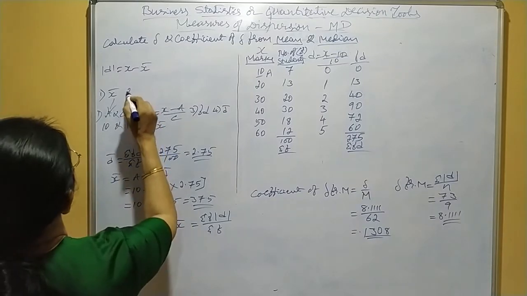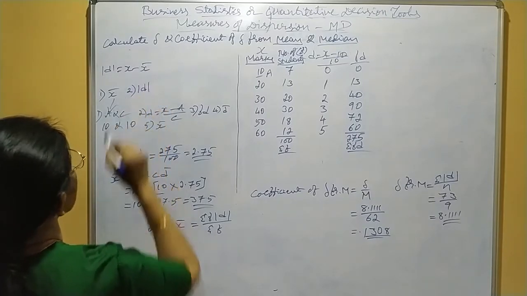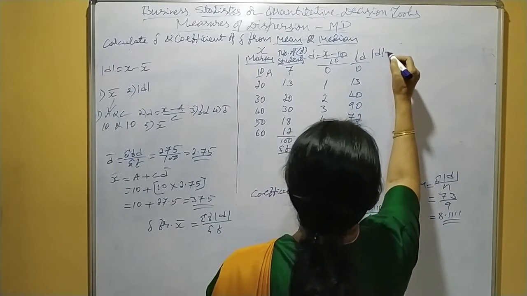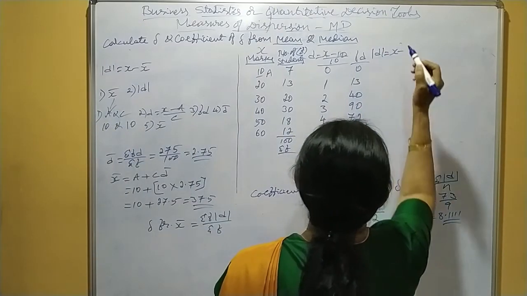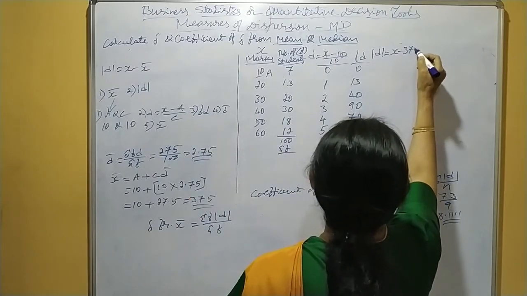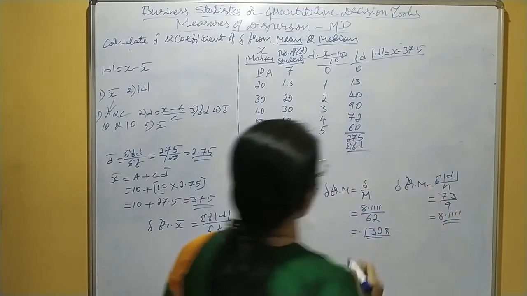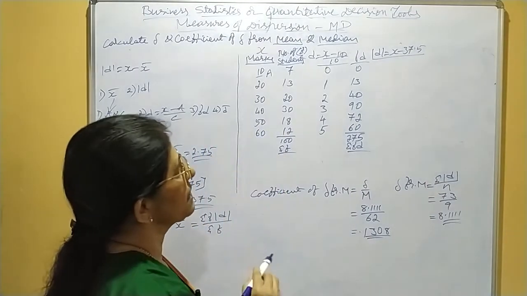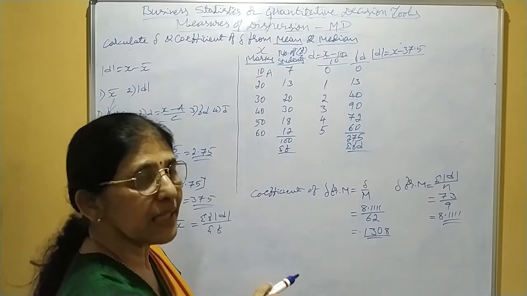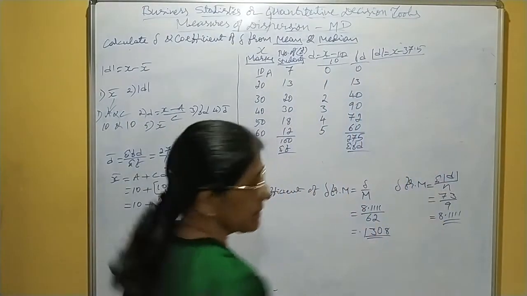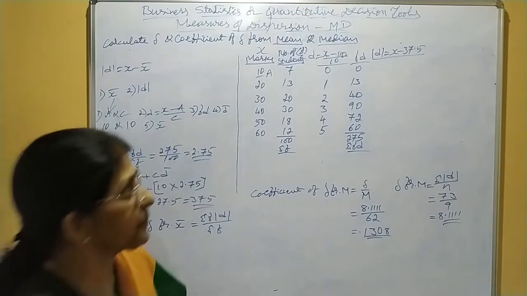Okay. Now second step is modulus d. Now modulus d equals, what is the formula? X minus x bar. X bar is 37.5. Here we are calculating mean deviation from mean. Therefore modulus d equals x minus x bar, that is 10 minus 37.5.